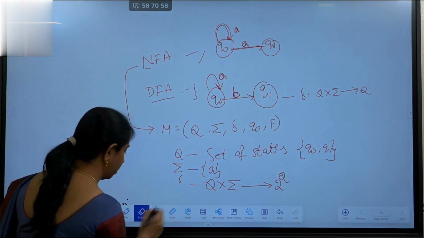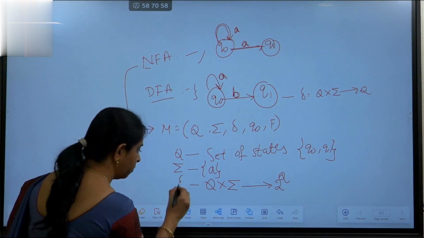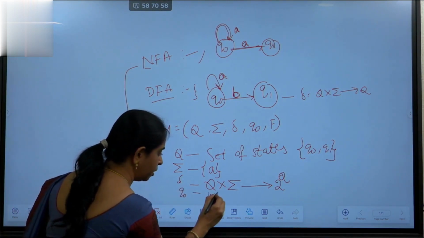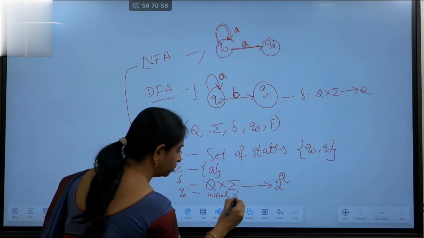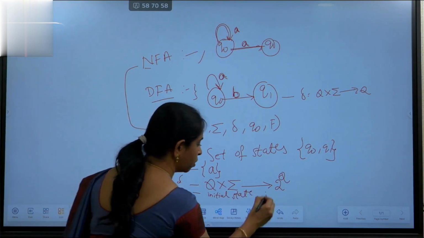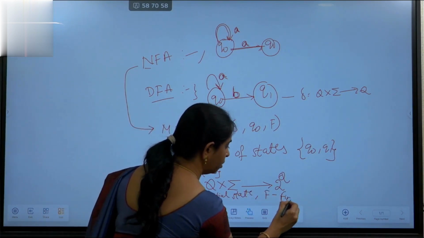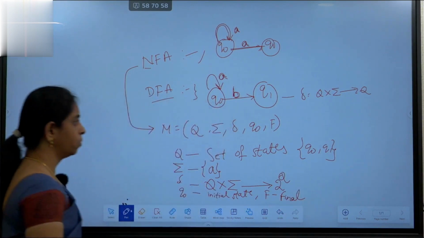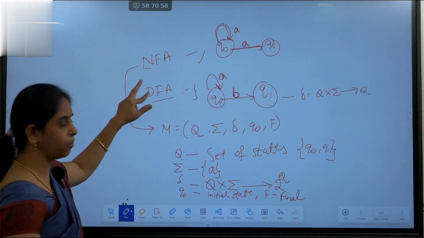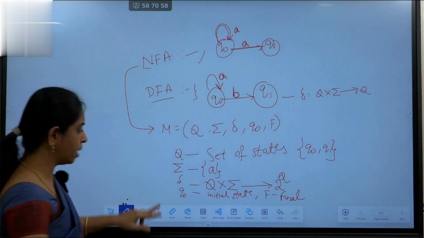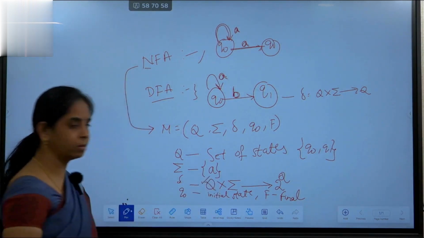Coming to Q0, Q0 is the initial state. F is the final state. Same as in the DFA, but in the NFA the transition function is different.